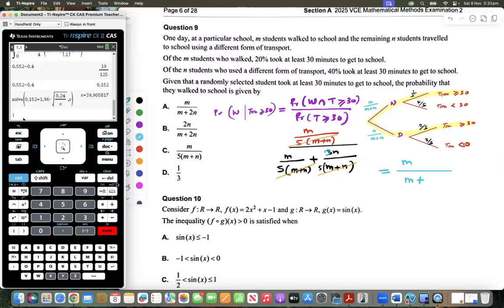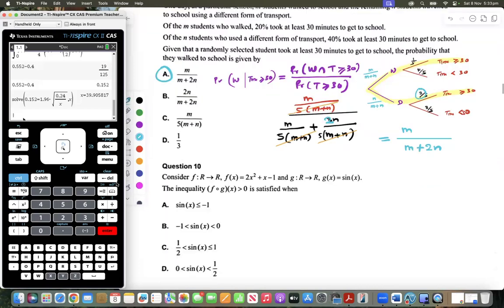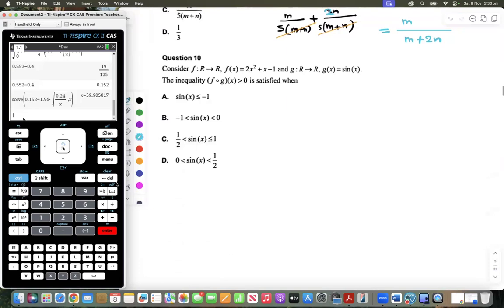It's 2n, so m plus 2n. So your answer should be m over m plus 2n. That should be the answer. You can simplify this using the calculator as well, but it's easier to do using the manual method. Okay, that's my question 10.